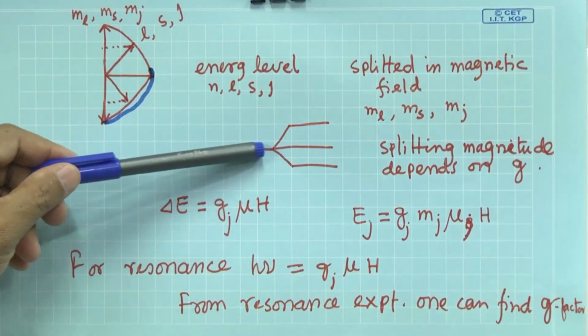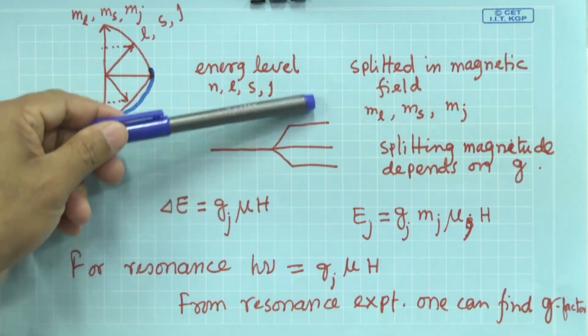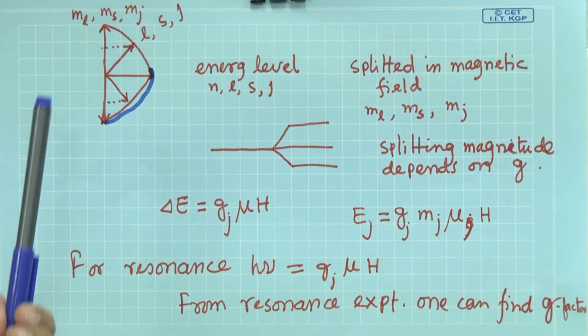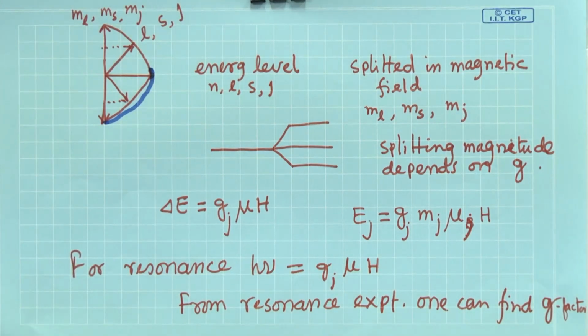Then these energy levels having the degeneracy, that degeneracy will be removed, meaning their energy will be different. That means the energy levels are split. So, one energy level will be split in a magnetic field, say into 3, it can be 5, it can be 2, depending on the value of the quantum number.